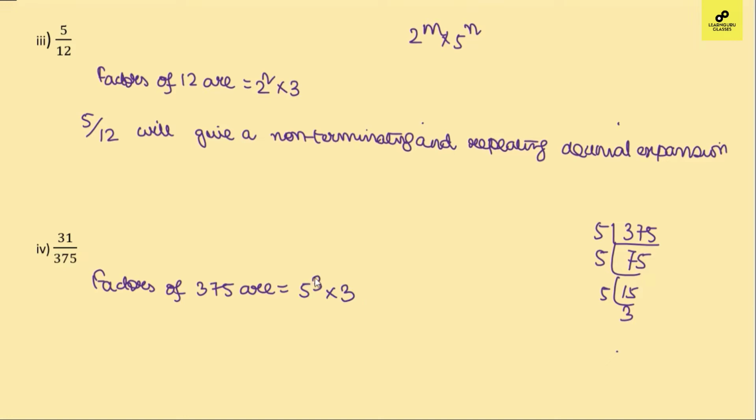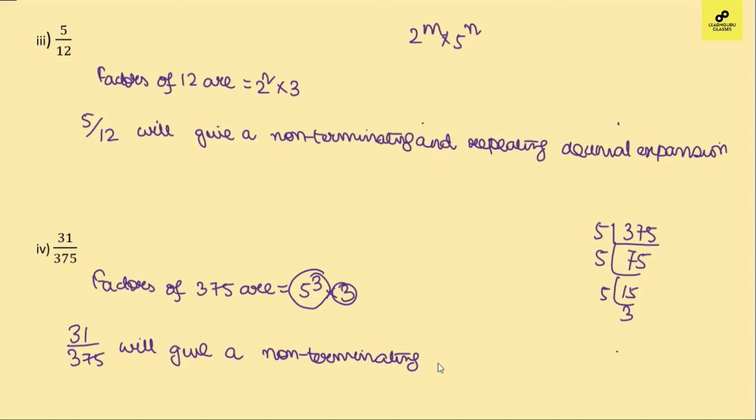Though we have powers of 5, 3 is there and 2 is not there. So we can say that 31 by 375 will give a non-terminating and repeating decimal expansion.